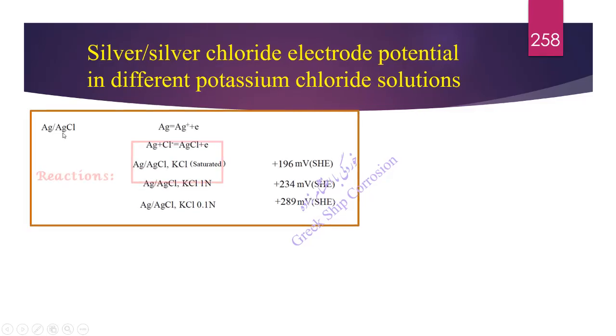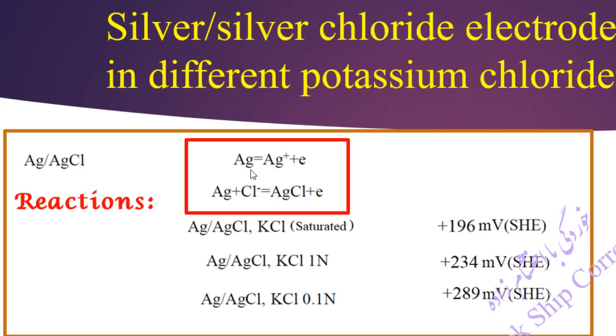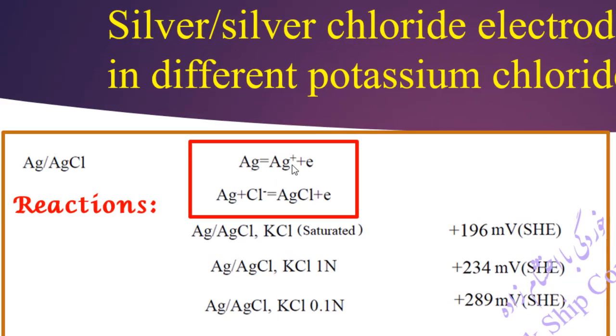In this electrode, the reactions are Ag equals Ag+ plus electron and Ag plus Cl- equals AgCl plus electron. In saturated potassium chloride, the potential equals positive 196 millivolts versus SHE. In one normal potassium chloride, the potential of the electrode equals positive 234 millivolts versus SHE.